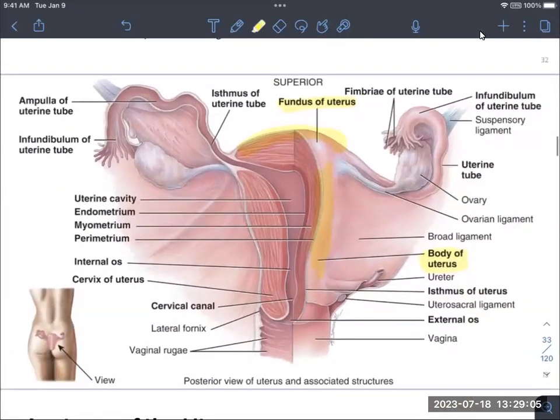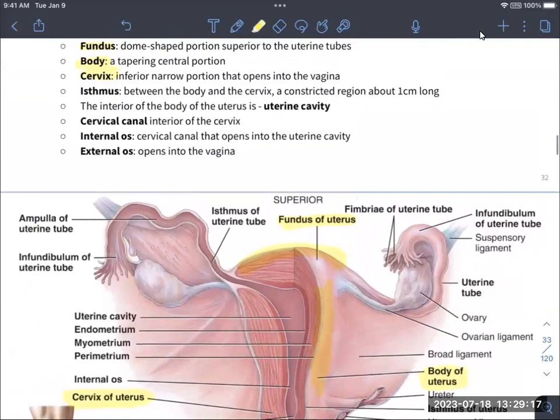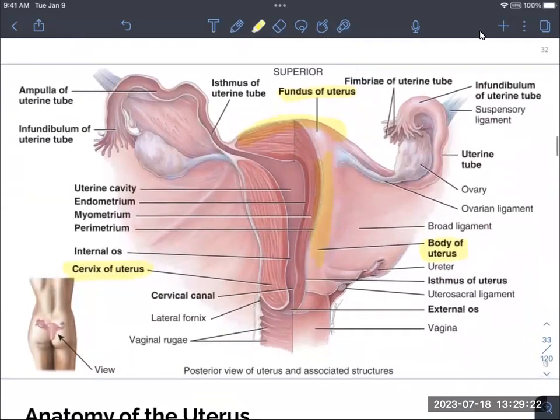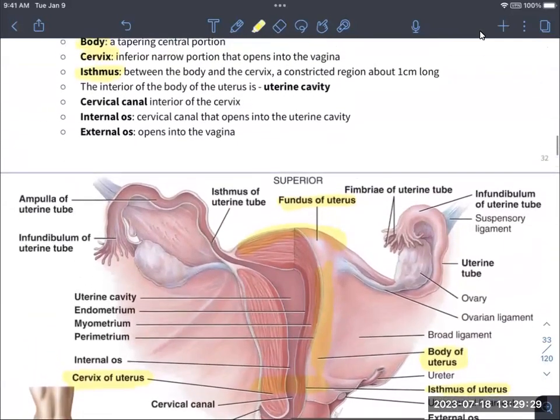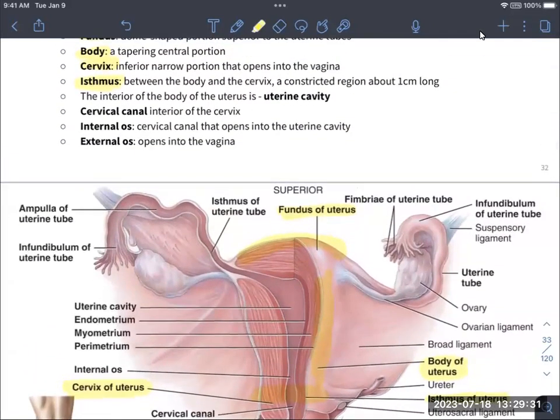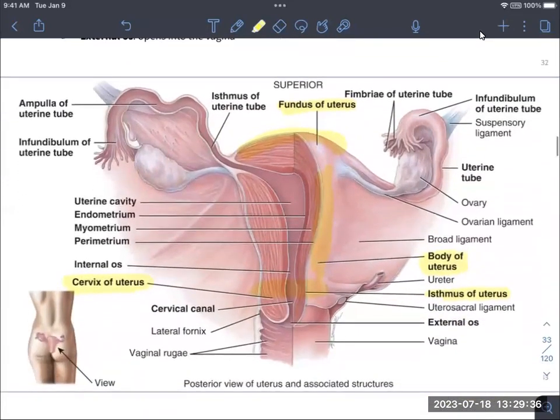The cervix is the opening to that uterus. The isthmus is this area between the body and the cervix. We have the cervical canal. That is this inner side portion here.